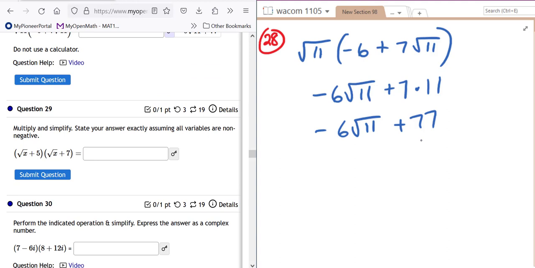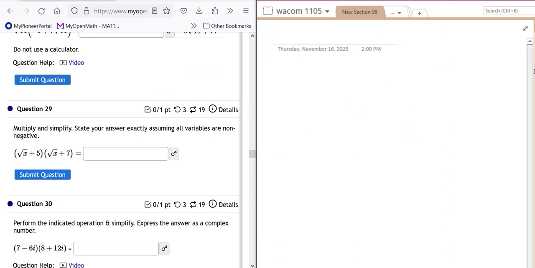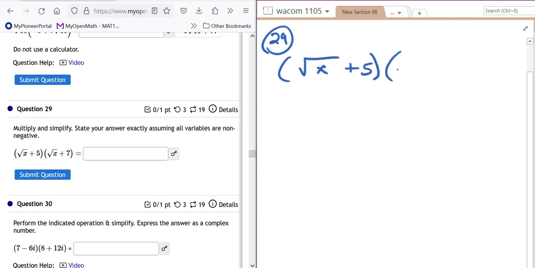All right, here is another FOIL. So square root of x plus 5 times square root of x plus 7. This one is not conjugates. So do your first terms, and you're doing square root of x times square root of x. The radical will come off.